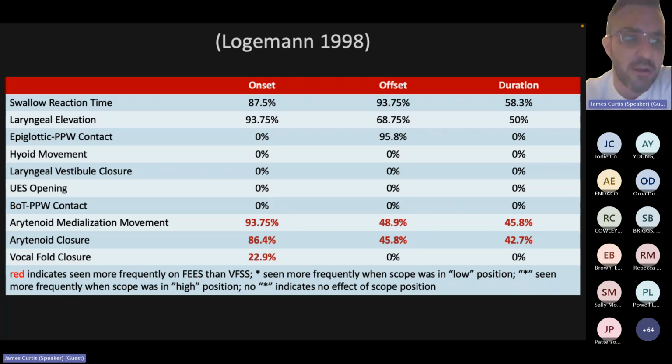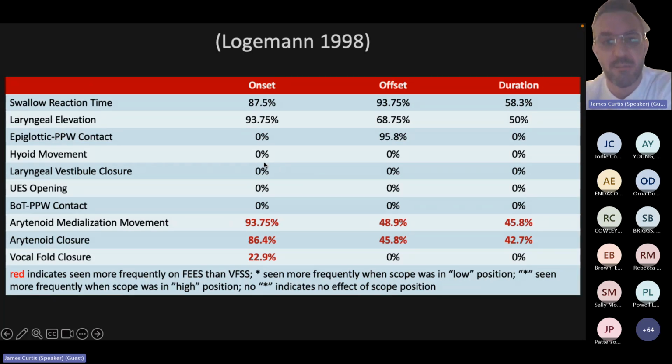In this table, on the leftmost column, we have the various swallowing kinematic events. Our subsequent columns talk about the frequency with which each was seen on FEES. The numbers are the percentage of time that the kinematic event was seen on FEES.